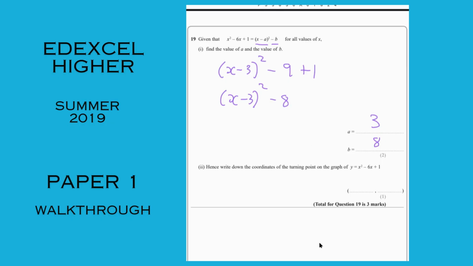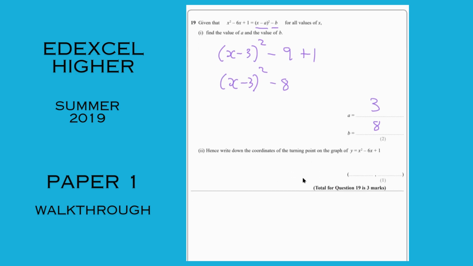Nearly jumped into a bit of a trap there. Hence, write down the coordinates of the turning point. This is the bit I was on about. In the brackets, in that bit there, you change the sign for the turning point, also known as the vertex. And on the bit outside the brackets, that stays the same. We got there in the end.